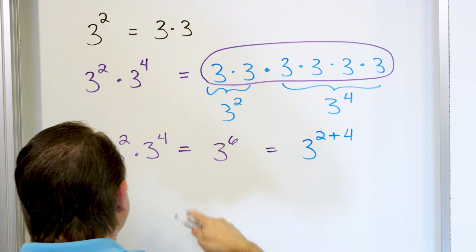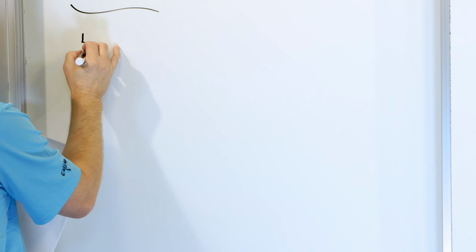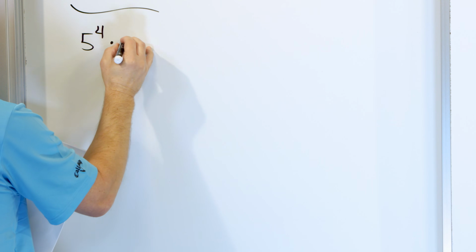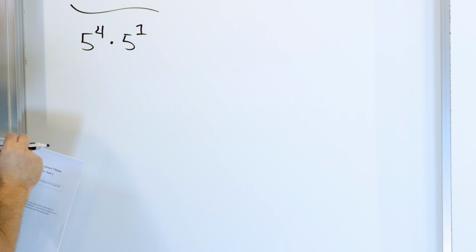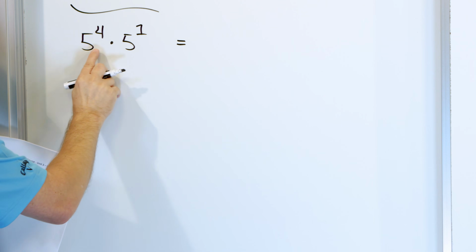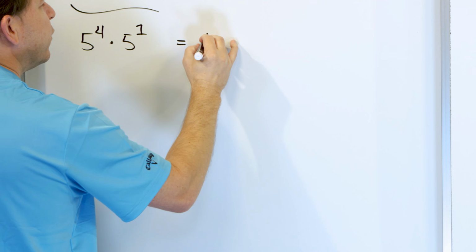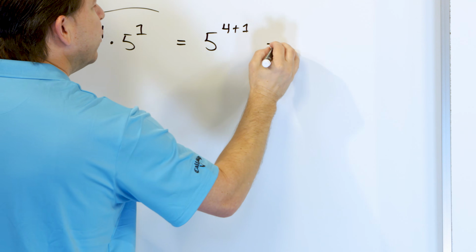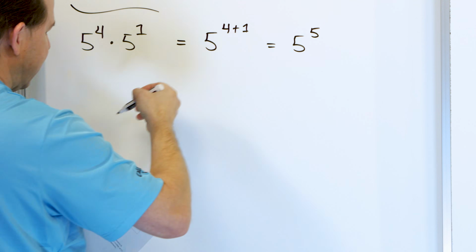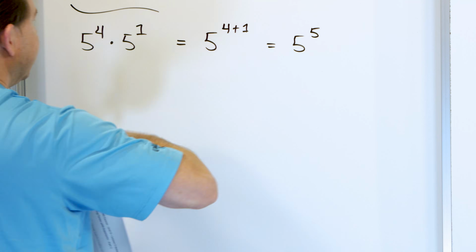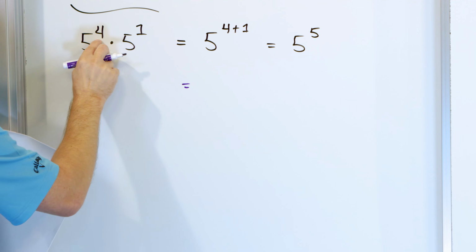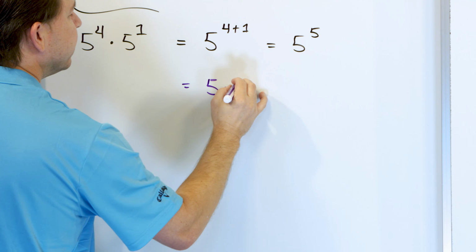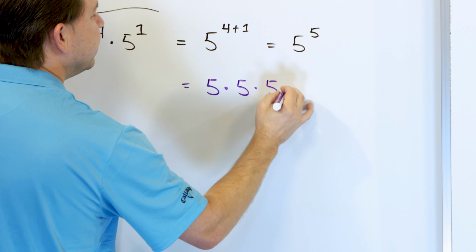But I could easily change the problem and make it, let's say, 5 to the power of 4 times 5 to the power of 1. I'm claiming that because the bases are the same, this is going to be 5 to the power of 4 plus 1, which is 5 to the power of 5. Now let's check and see if this is actually right. 5 to the power of 4 is 5 times 5 times 5 times 5.